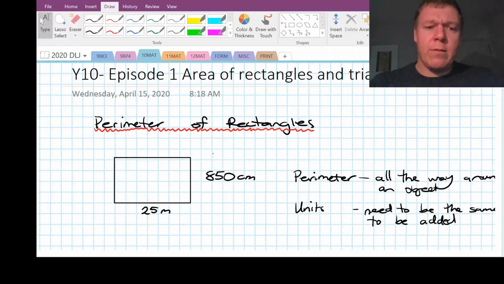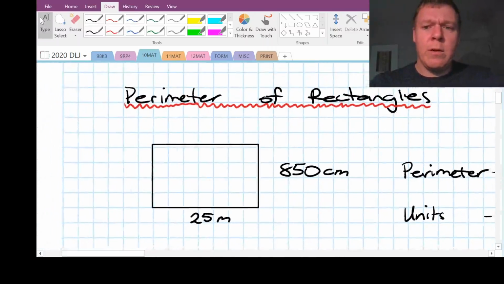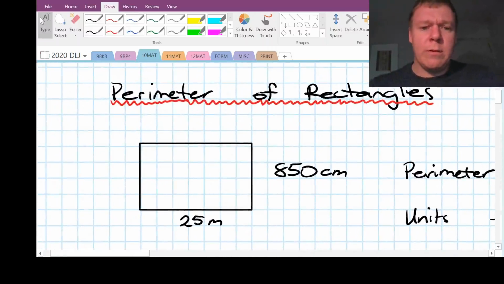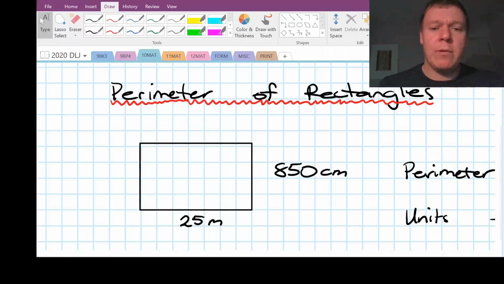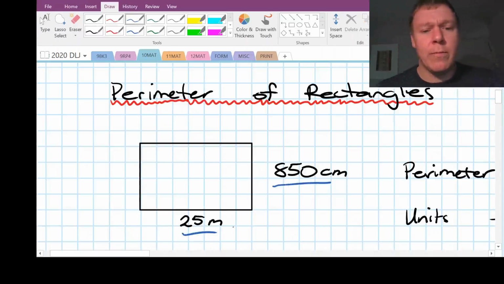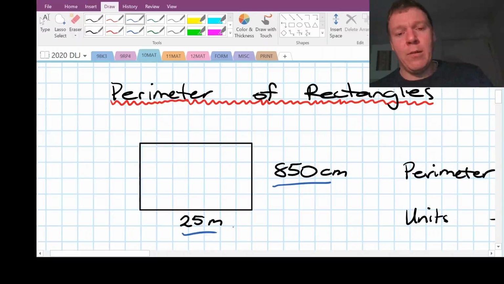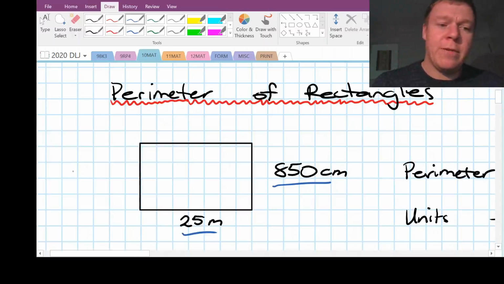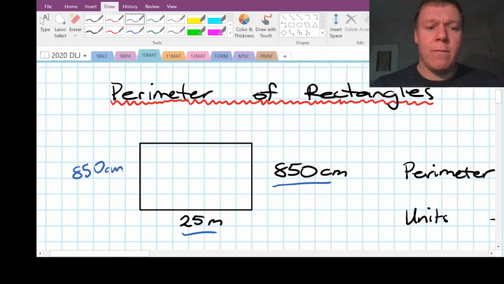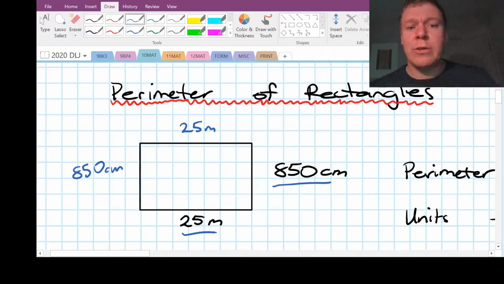Okay, perimeter. So typically with a perimeter problem, you're given just two sides of a rectangle, and they'll ask you to work out the whole rectangle. So you've got to just know that if it's 850 centimeters on that side, it's going to be 850 over here, and if it's 25 meters over here, it's going to be 25 meters on the top.